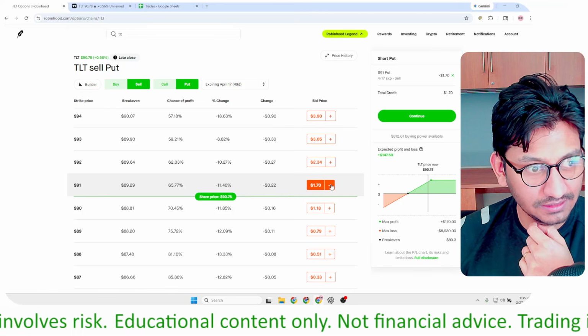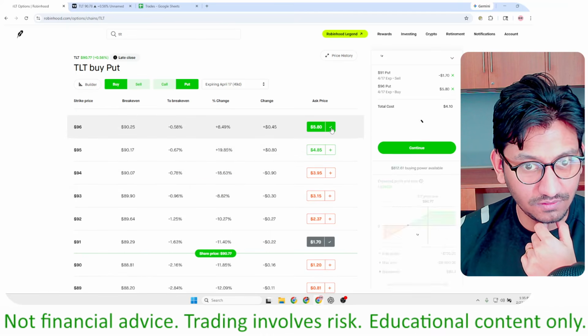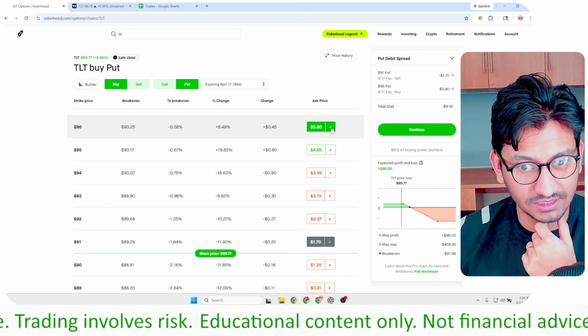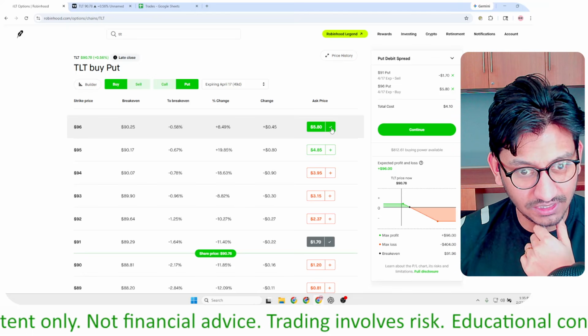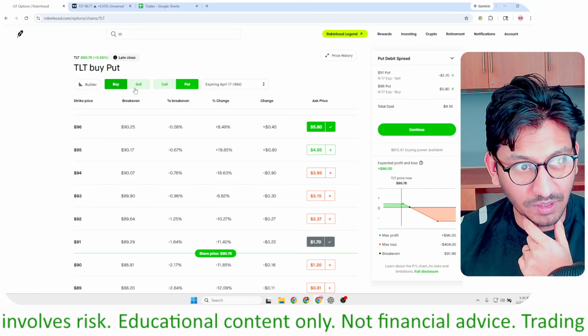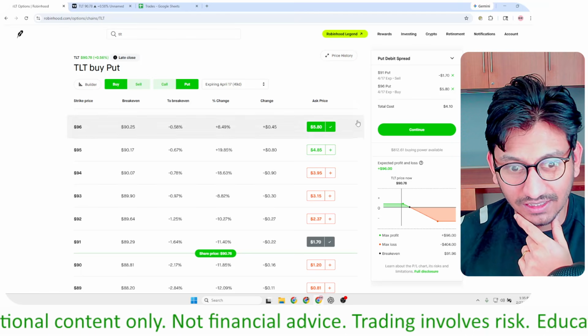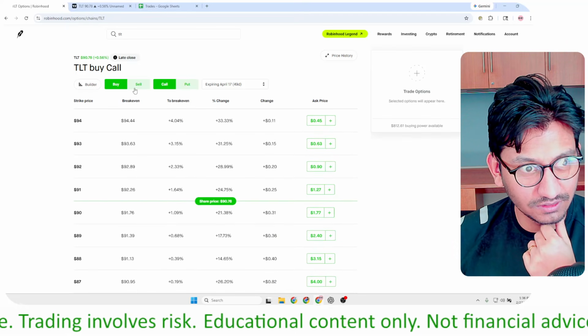So if I hit this and then buy, what is this? Sell and then buy. Am I doing it right? Oh, no, my bad. I'm not doing it right. Again, so we are selling the call credit spread.